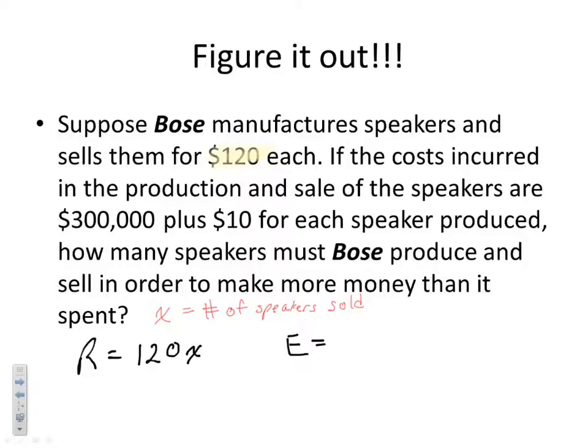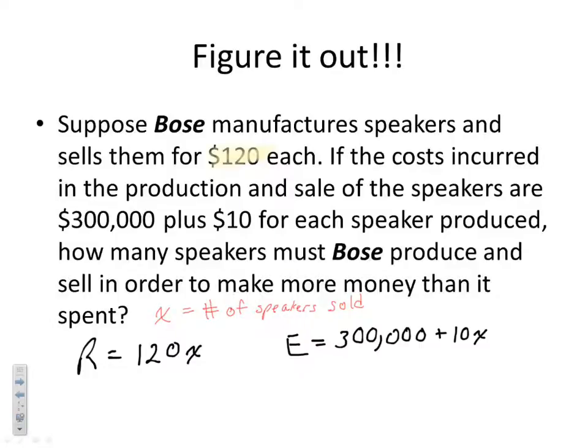So my expenses here are, well, it cost $300,000 plus $10 for each speaker produced, right? So that's $300,000. That's your initial startup cost, right? And then after your startup cost, you're going to have $10 for each speaker. So that's 10x.